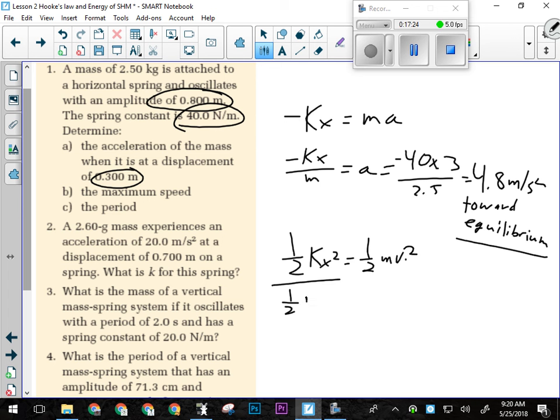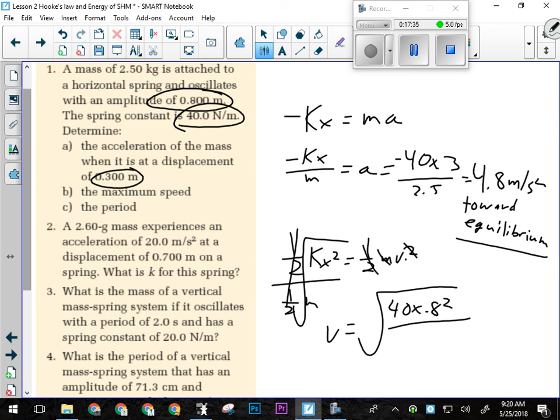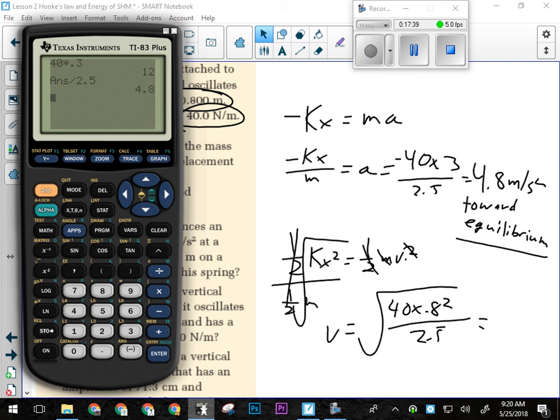Divide both sides by half of m, the halves will cancel, square root, and that'll give me v. So we'll have 40 times 0.8 squared divided by 2.5 kilograms, square rooted. Its maximum speed will be 3.2 meters per second.